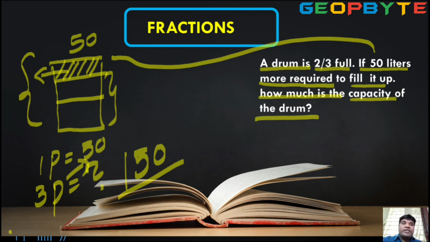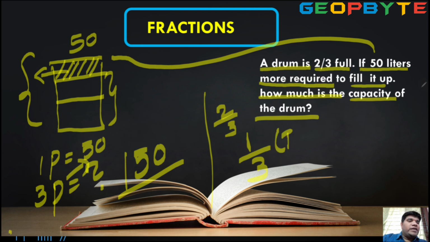Okay, now the fraction method. Observe here on the right side. A drum is 2/3 filled. If 50 liters more are required, so 2/3 filled means what is the remaining? Total 3 parts. Out of the 3 parts, 2 parts are filled. What is the remaining? 1. 1/3 of the tank is 50.